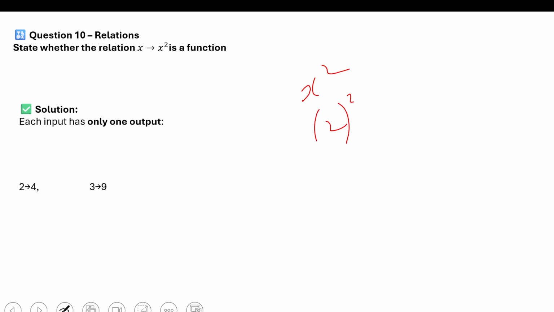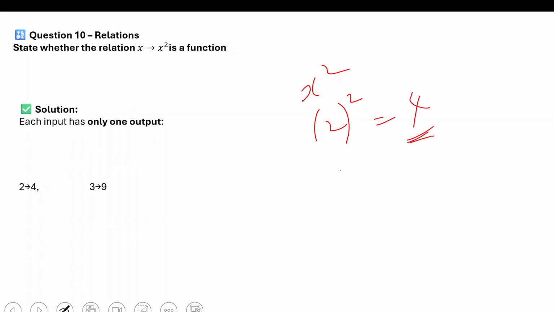Okay, so we have a question on relations. State whether this relation is a function. Okay, so each input has only one output, right? So for instance, if I put 2 into x, I will have x squared, so 2 squared, which will give me 4, only one output.